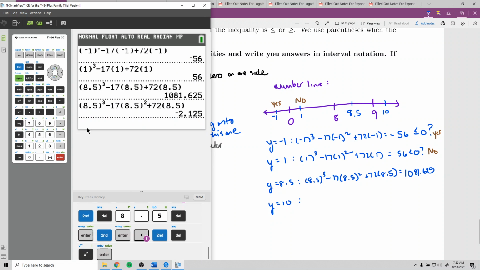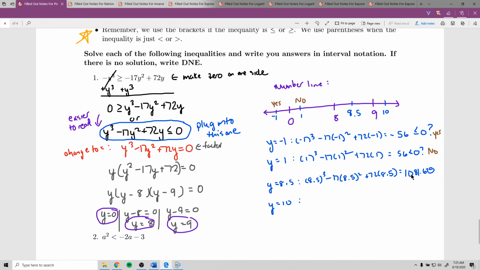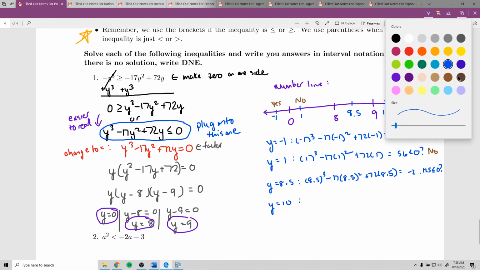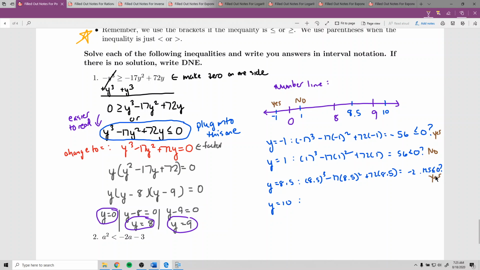But I redid the 8.5 with the squared first here, and we got -2.125. And is -2.125 less than or equal to 0? This one is a yes.